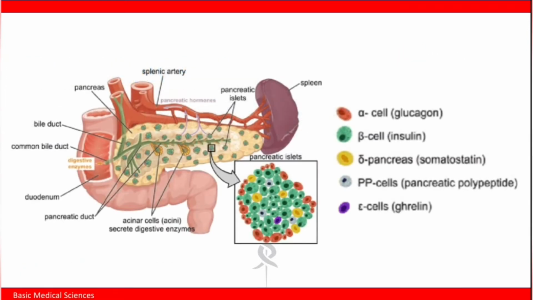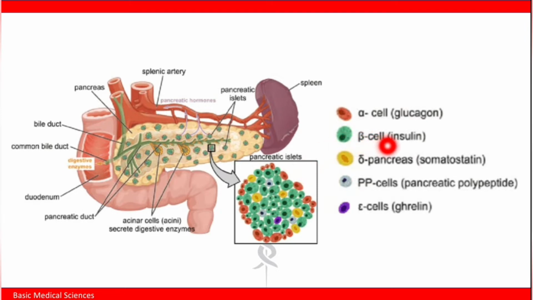Right, so the endocrine part of the pancreas is represented by these green dots. They are actually islets of Langerhans, or pancreatic islets. Here you can see a zoomed picture, right? Peripherally you see alpha cells. They synthesize glucagon. Inside you see these green cells.